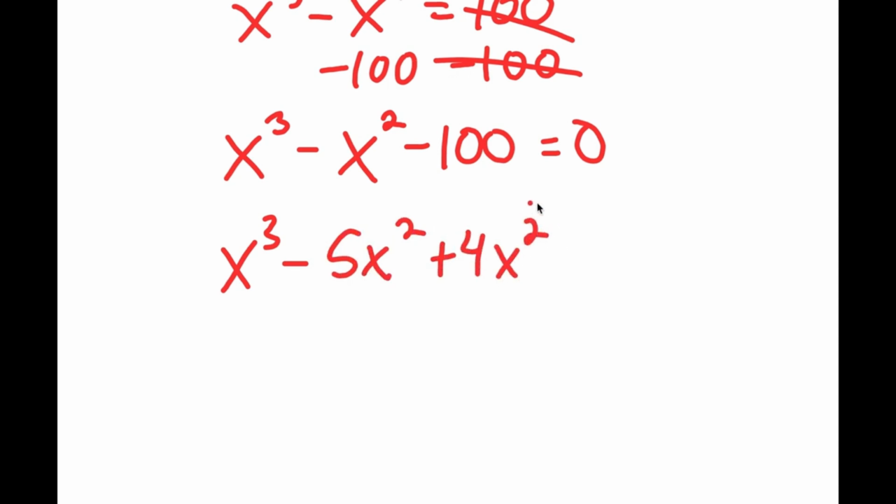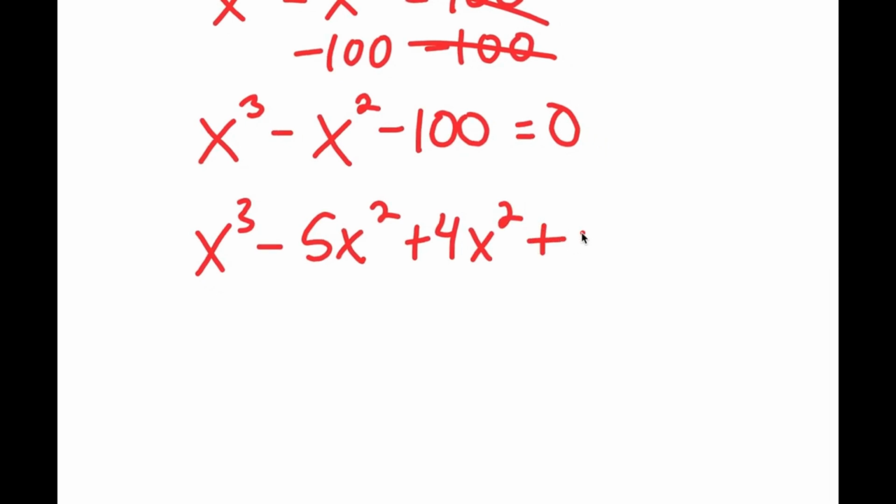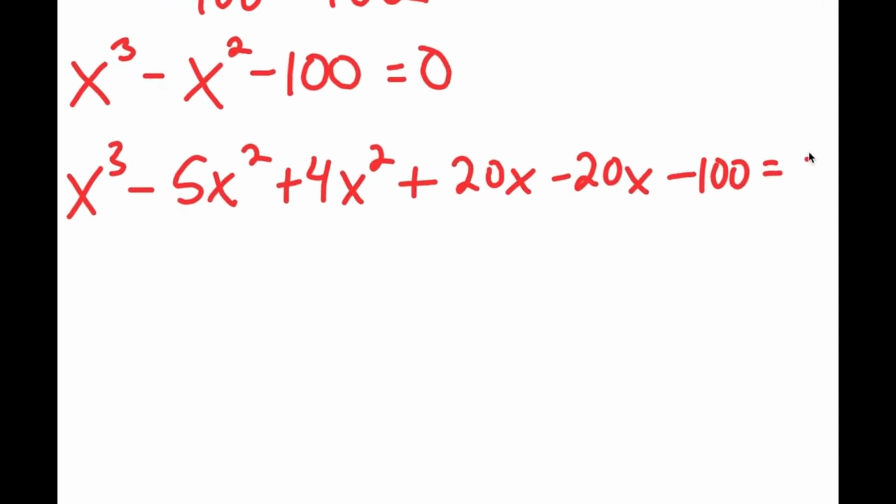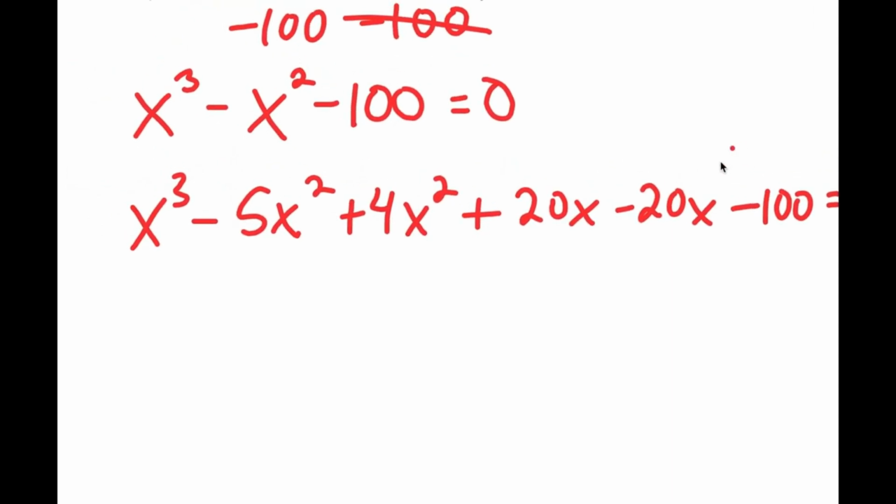And next, I'm going to write 20x minus 20x, and then I have this minus 100 is equal to 0. The reason I did this is because 5 times 4 is equal to 20, and we want to make this factorable, so we need to have two terms that, when added, make negative 1, and when multiplied, make 20.